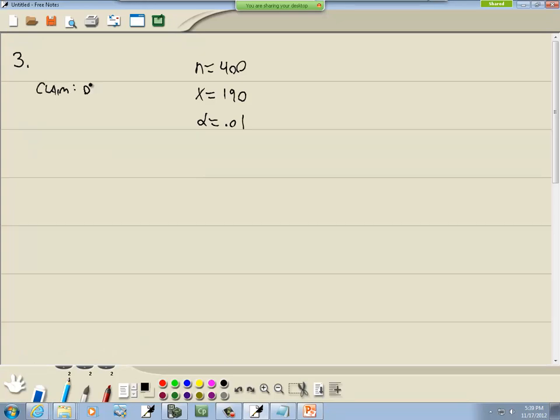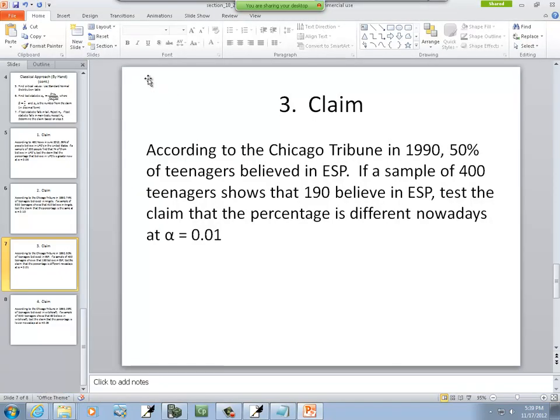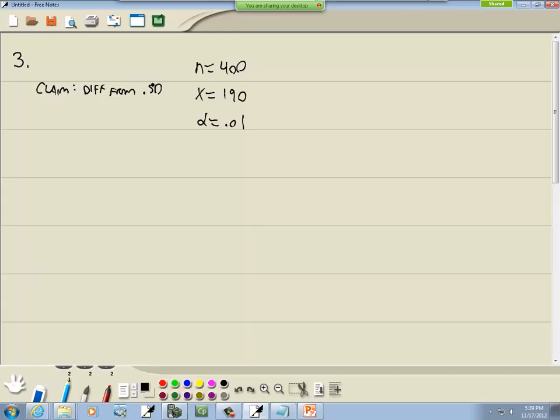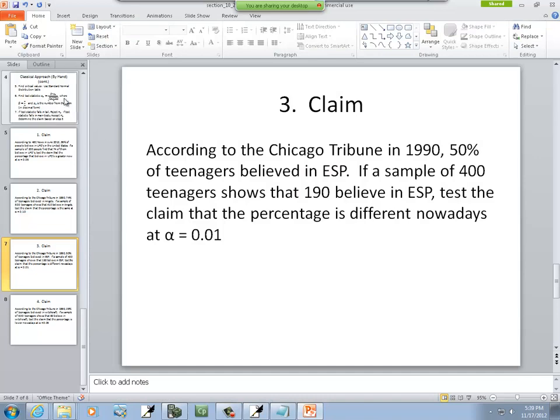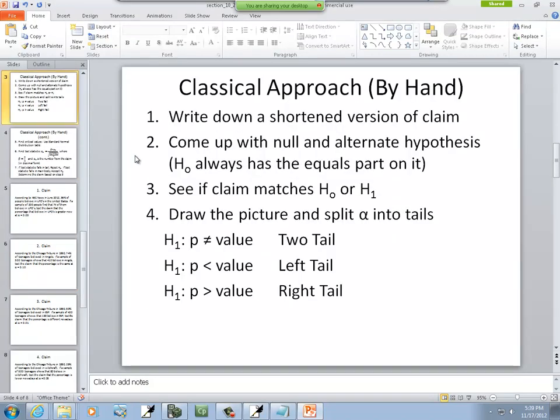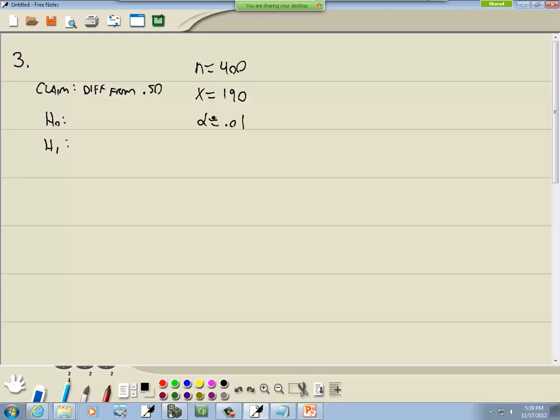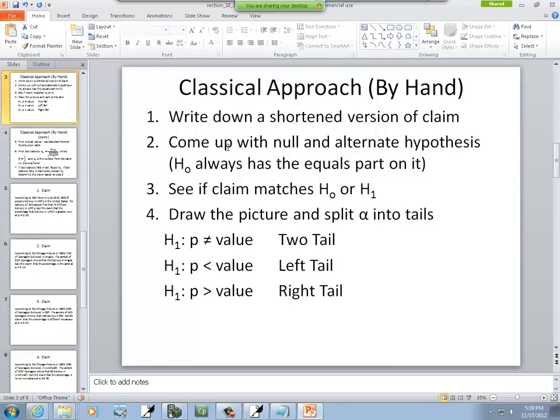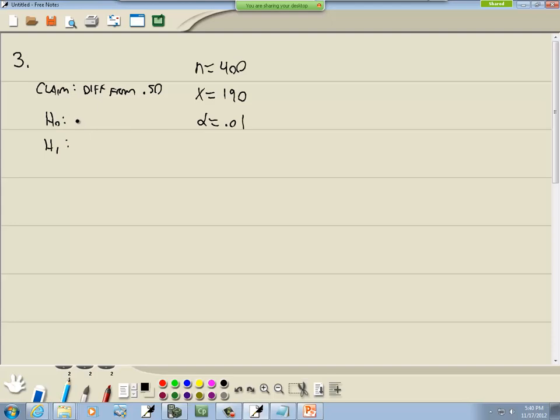Let's see. Test the claim that the percentage is different nowadays. So the claim is different from, and it says 50%. Okay. Step 1, write down a shortened version of the claim. We got that. Step 2, come up with a null and alternate hypothesis. These are p's, population proportion, different from, that symbol is a not equal to, which goes on H1.